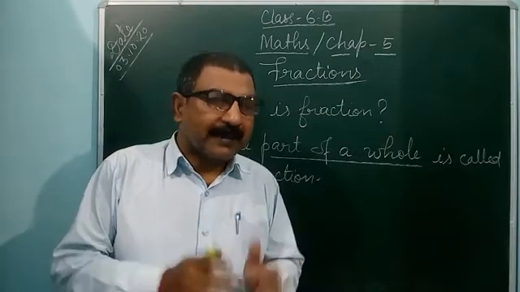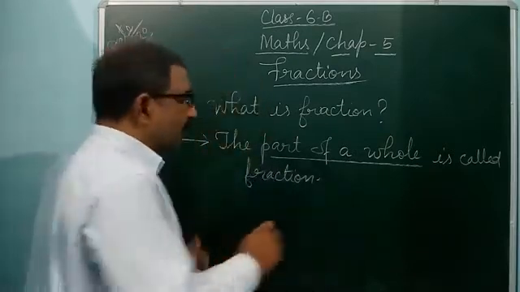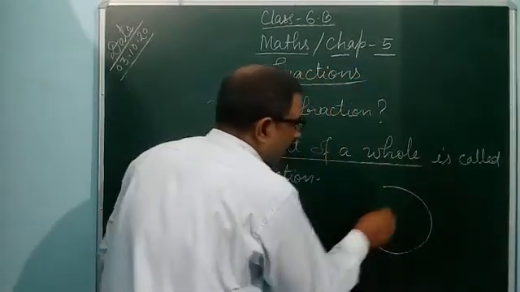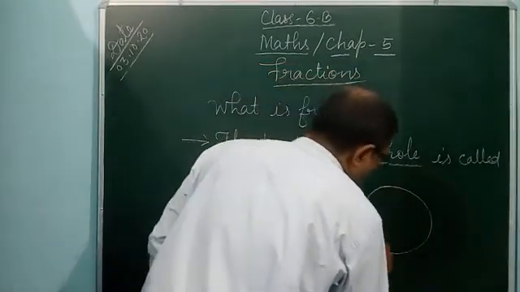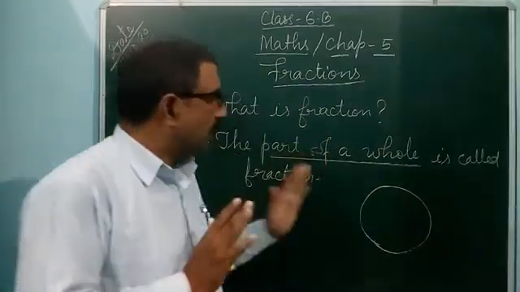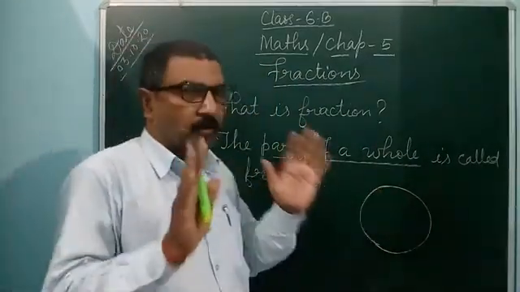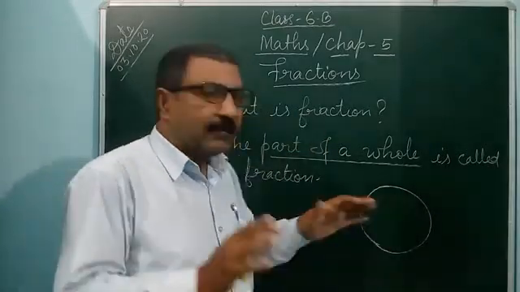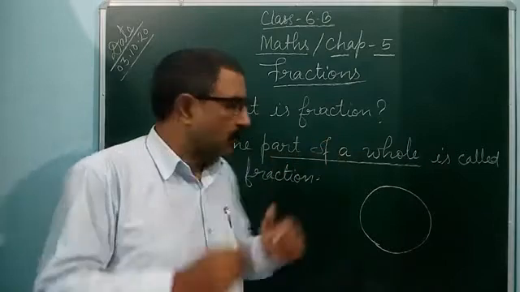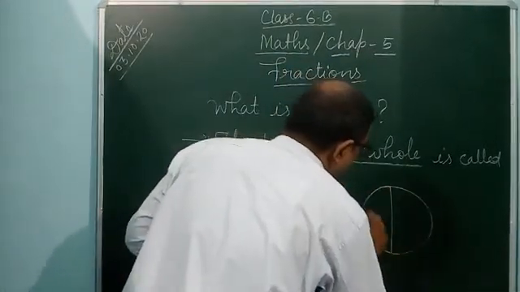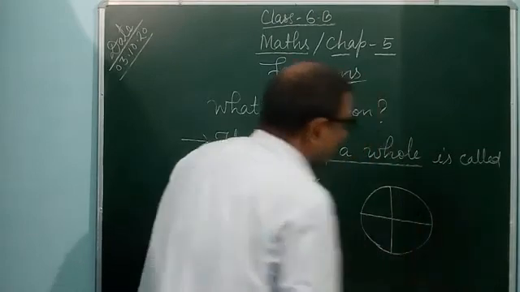You can see, suppose this is a circle. A circle is a whole. It represents a whole. A whole means a complete item. And you are dividing it into 4 parts.